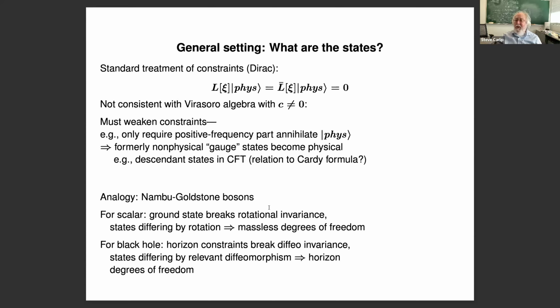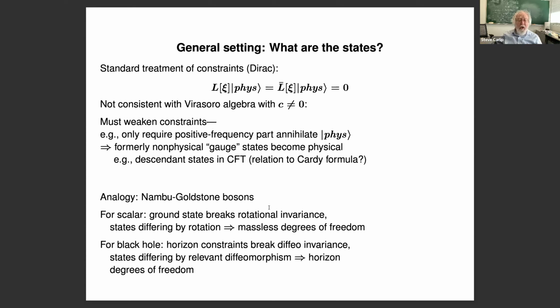But what this means is that some of the states which you used to say were non-physical, were just gauge transformations, now have to be allowed to be physical states. These are essentially what the Cardy formula is counting.